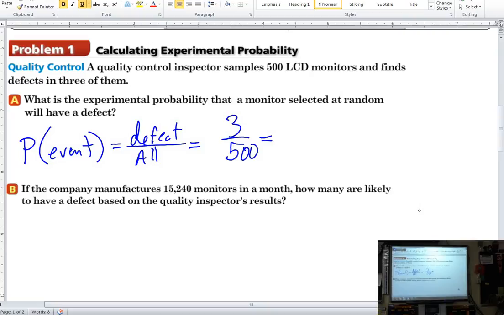If I unsimplify this, it's actually easier, because if I make this 6 over 1,000, then I can just write it as 6 in the thousandths place. Sorry that my smartboard is broken.